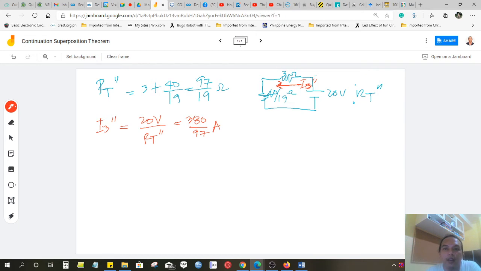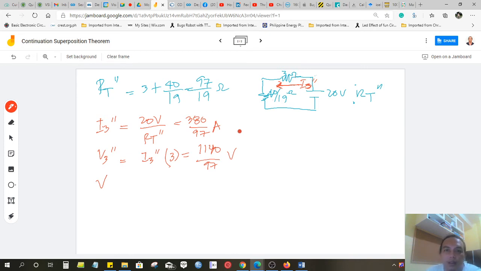Now if we multiply again the voltage here and the voltage here, current times 3 ohm, we can get the value of V3 double prime, that is I3 double prime times your 3 ohm. So makuha na nimo times 3, 1140 over 97 volts.